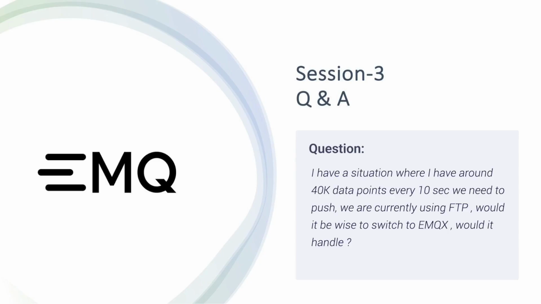So I'm not sure how you set up these 40K data points. In a real production environment, we have millions of devices connected to the backend EMQX production system, collecting messages instantly, which means at 1 second or 3 to 5 second intervals, they send up those signals and transfer them to the backend.